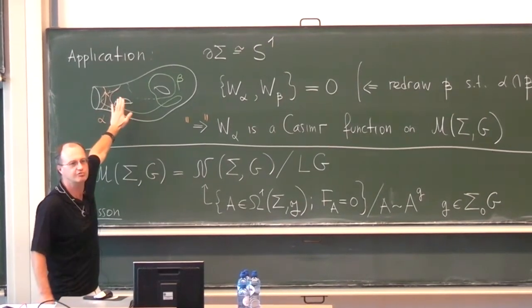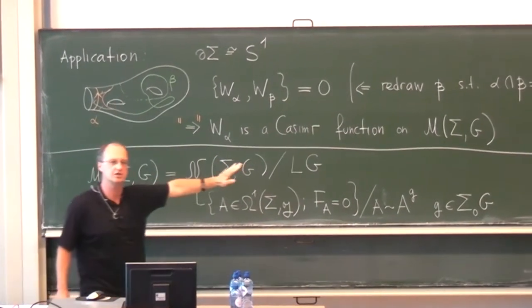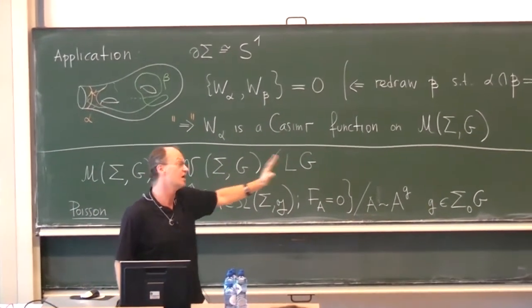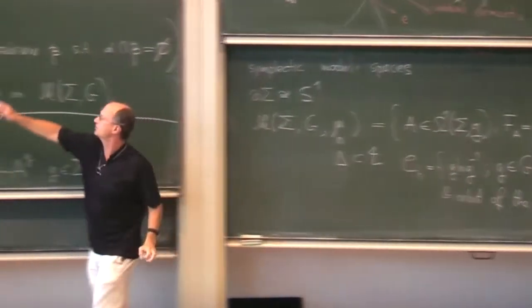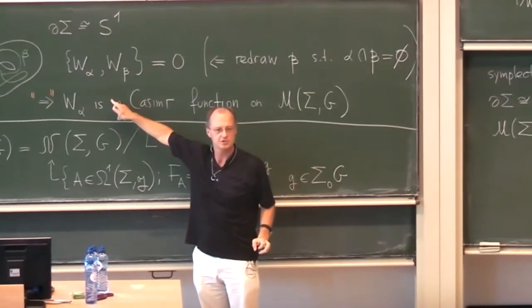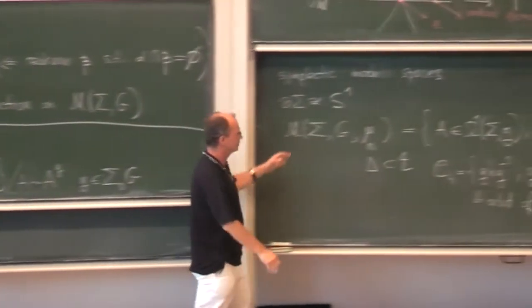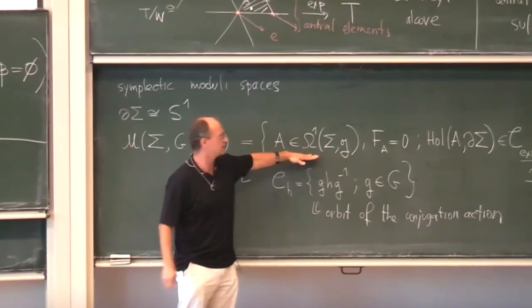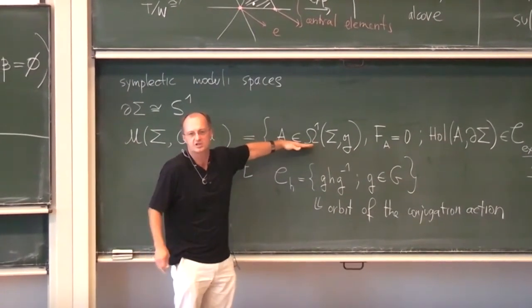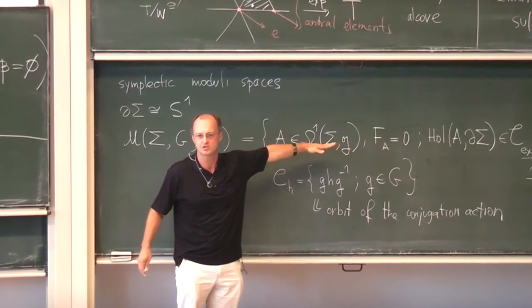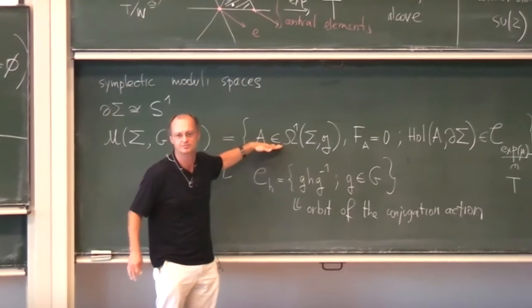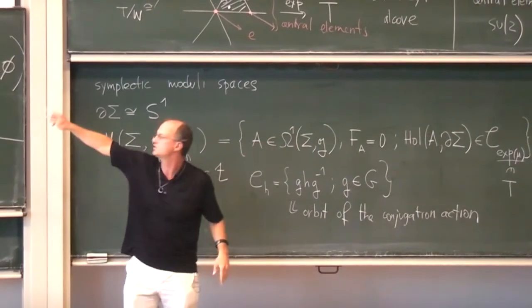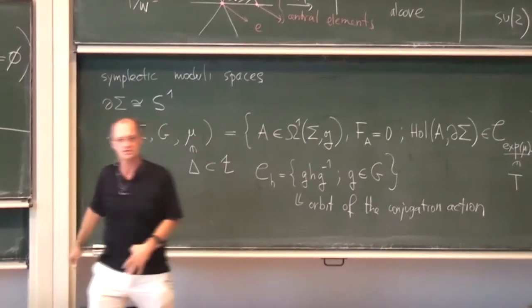So at least you need to fix the conjugacy class of the holonomy. In principle, of course, it could have been smaller, but it cannot be bigger. So we know that the symplectic leaves are for sure contained in those sets. They cannot be bigger than those sets. But it turns out that these are symplectic leaves. So in one direction we see it from those considerations.